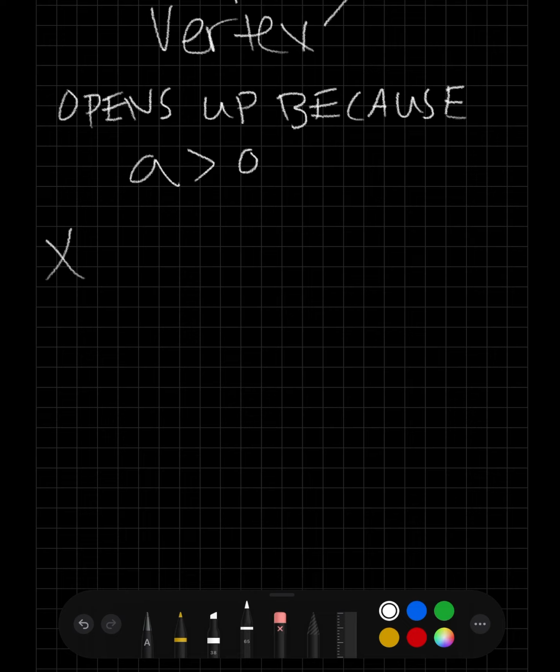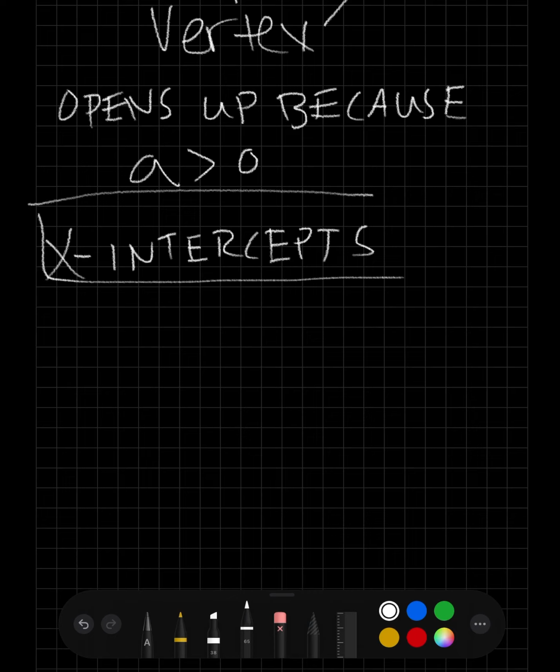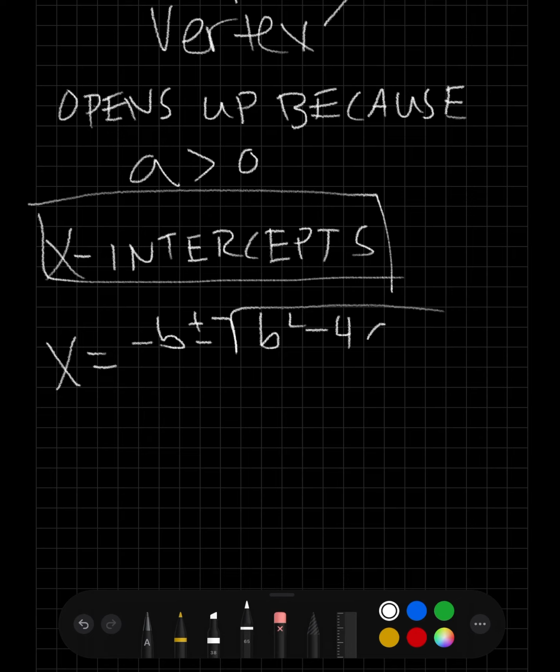Next thing I want to do is find my x-intercepts. I'm going to do that using the quadratic formula. There's more than one way to do it. That's just the way I choose. So I know that I'm going to need to use my x is equal to negative b plus or minus the square root of b squared minus 4ac all over 2 times a.